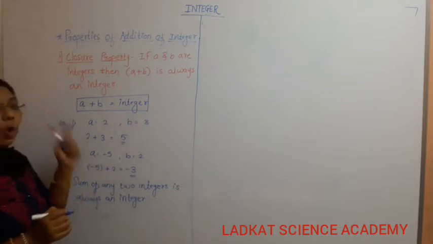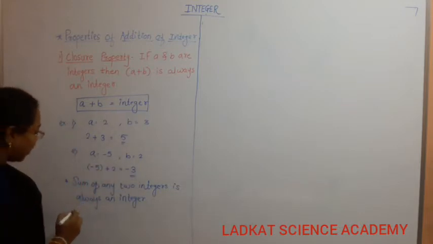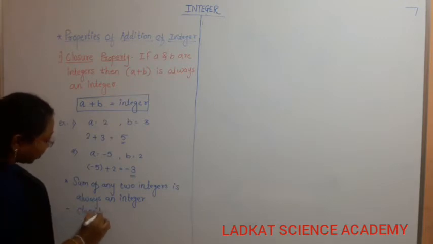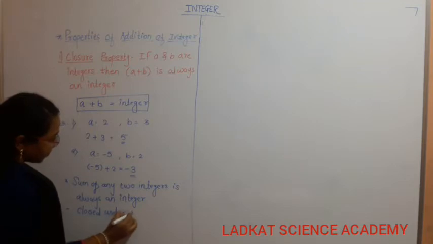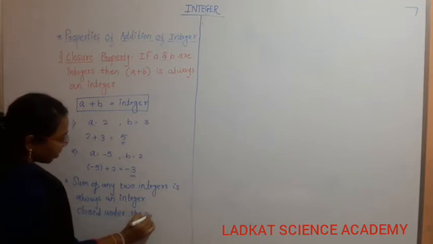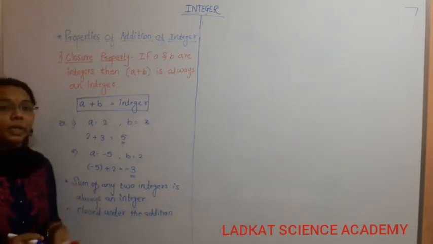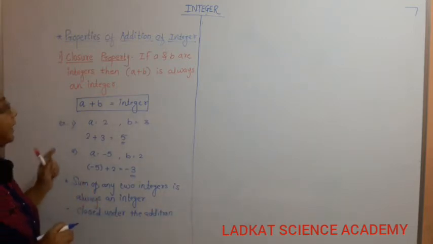Means this property is closed under the addition. This is closed under the addition. You got it? First property, that is closure property. Sum of any two integers is always an integer.